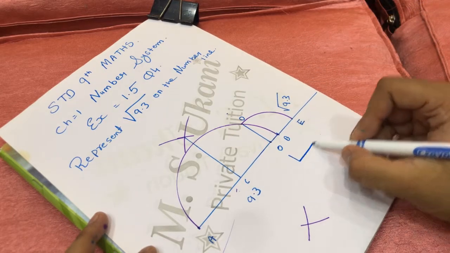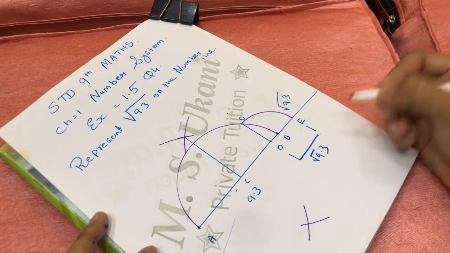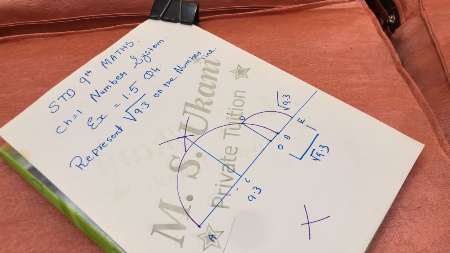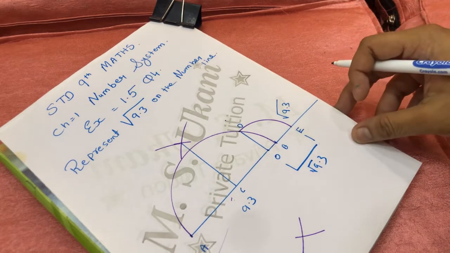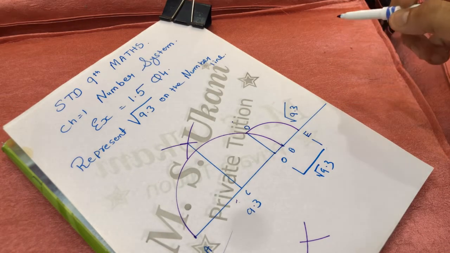From O to E, this is our root 9.3. So in this way, we have constructed and represented root 9.3 on a number line.